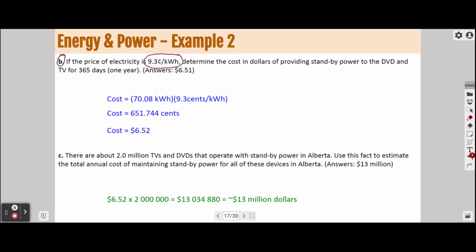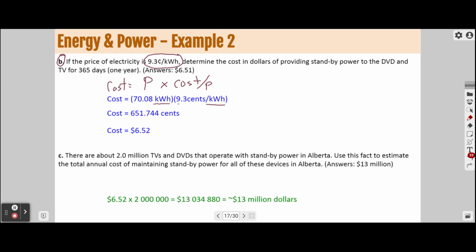So if we're finding cost, it's going to be equal to the power times the cost per power unit, whatever the power unit is. Because we found our power in kilowatt hours, our cost is also given to us in kilowatt hours.